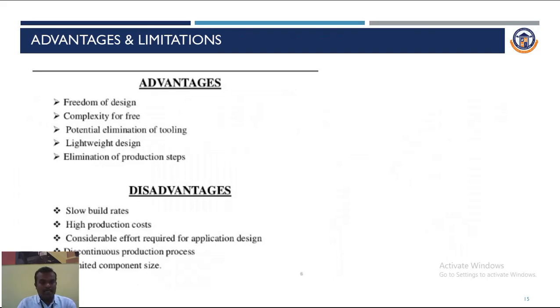And there are limited component sizes. In any process like SLA, sorry, FDM, laser sintering, and vat photopolymerization, the bed size is fixed, so we can't create a huge component like a gear of 1 meter or 2 meter.